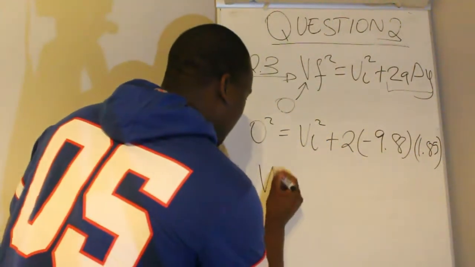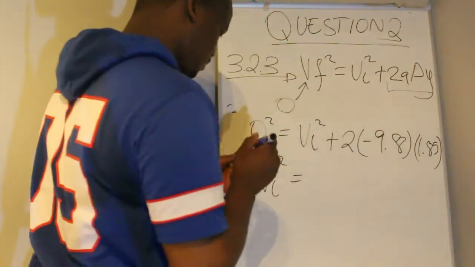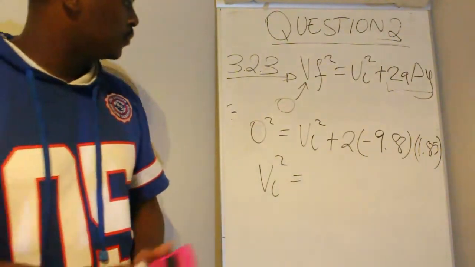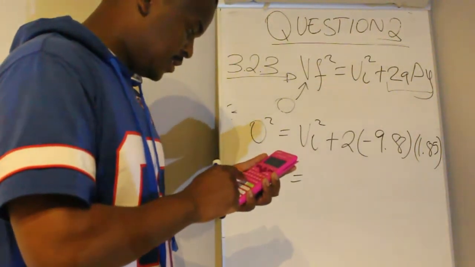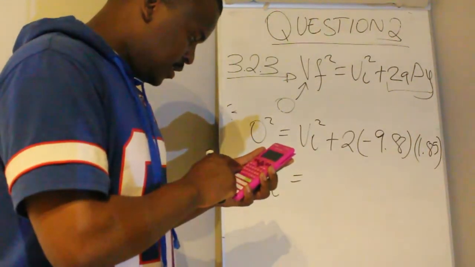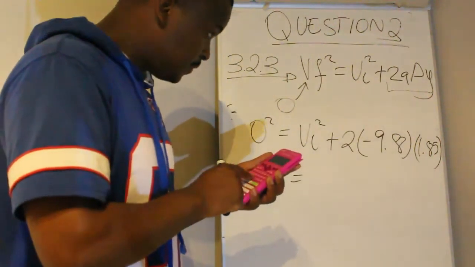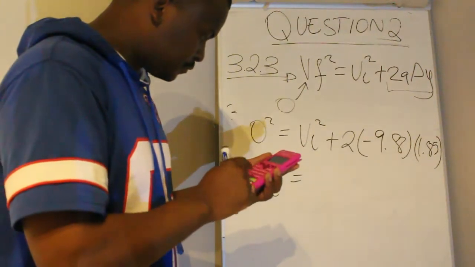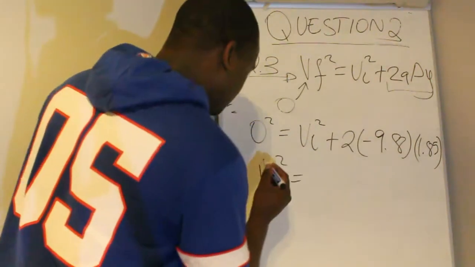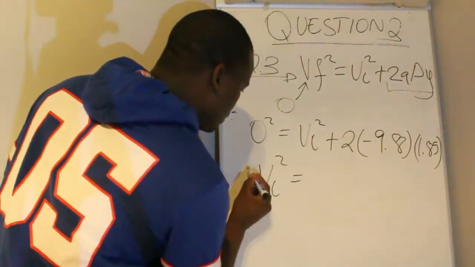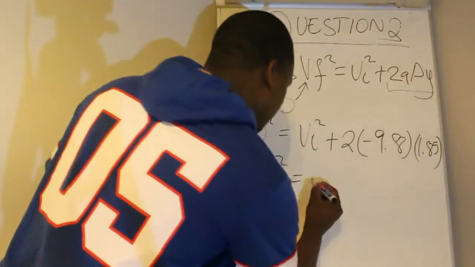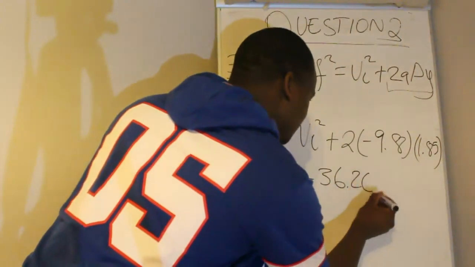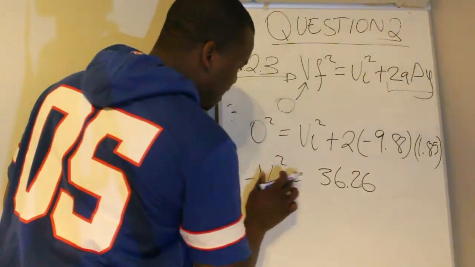So Vi squared is equal to these two multiplied: negative 9.8 times 1.85. This was positive, so it should be negative on this side. So you have negative 36.26. So you can divide by a negative sign on both sides.